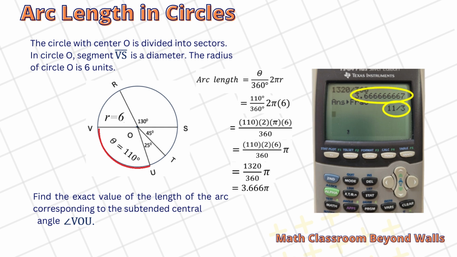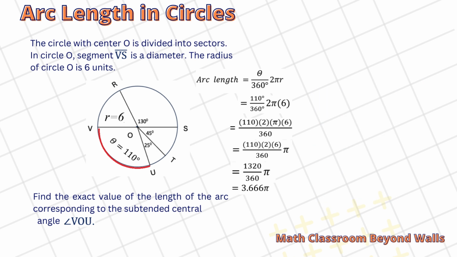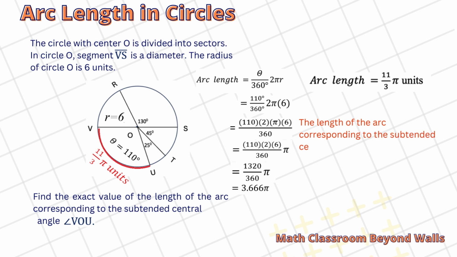The decimal number 3.6666 is 11 over 3 in fraction form. We just attach the pi to complete the answer. The exact answer is therefore 11 over 3 pi. So, the length of the arc corresponding to the subtended central angle VOU, is 11 over 3 pi units. We are done and we have solved the problem.